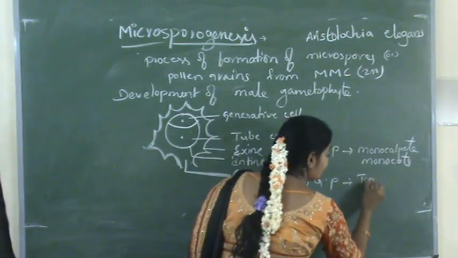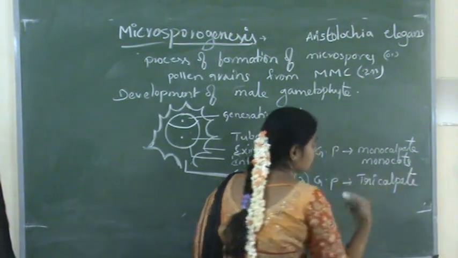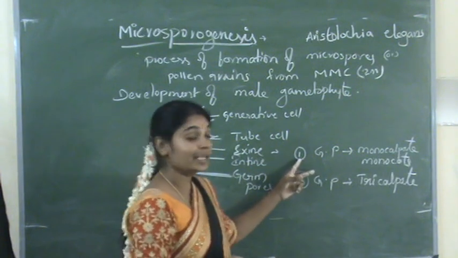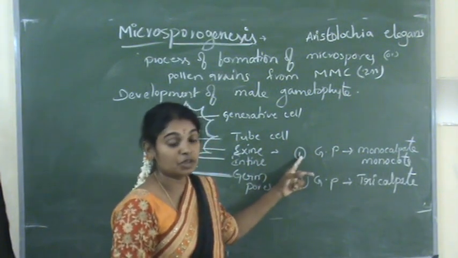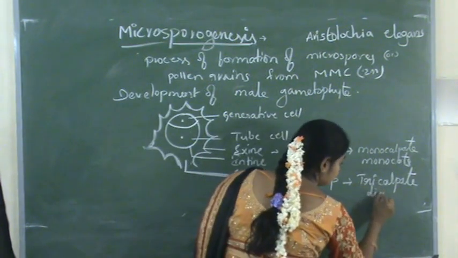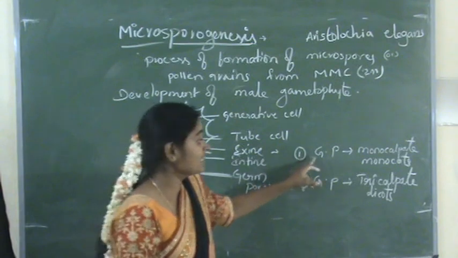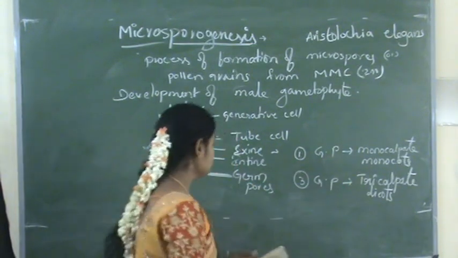With 3 germ pores it is tricolpate. So either 3 or 1. 3 germ pores are present in dicots, and 1 germ pore is present in monocots.